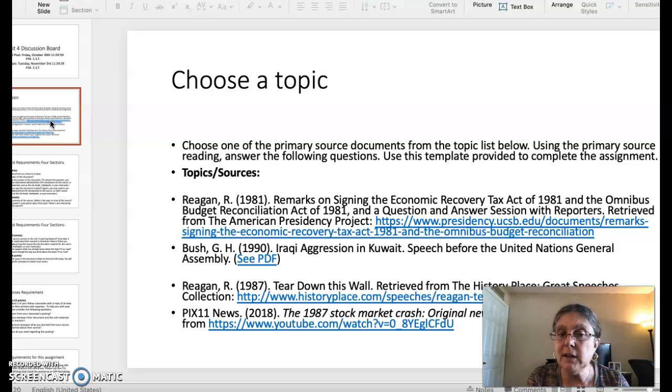The fourth topic you can choose from is actually a YouTube video of news coverage of the stock market crash of 1987, October 1987. So that is the topic. The Unit 4 topic is the stock market crash of 1987. Again, these are the 4 primary documents you can choose from. Choose one, please. And there's plenty of research material out there on all 4 of them. You just need to choose the one that interests you the most and go for it.